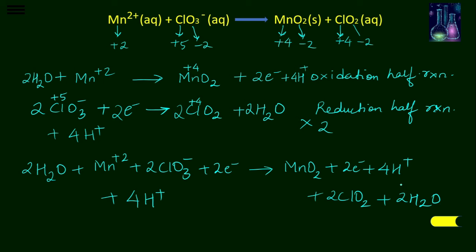Now let's cancel what is common: 2 electrons, 4H plus, 2 water, 2 water. And ultimately you get your balanced chemical reaction, that is Mn plus 2 plus 2ClO3 minus gives MnO2 plus 2ClO2.